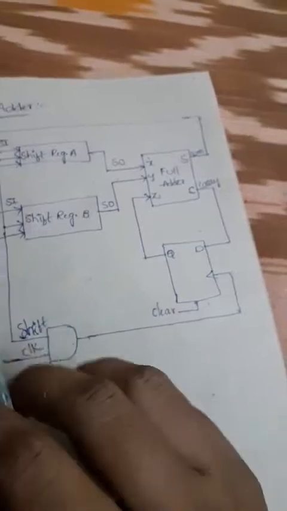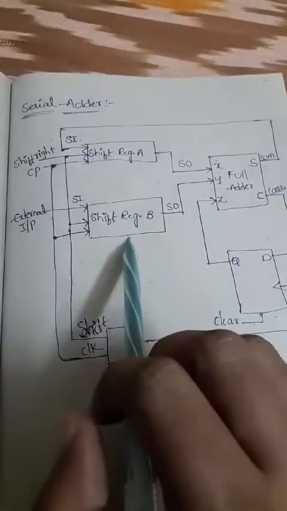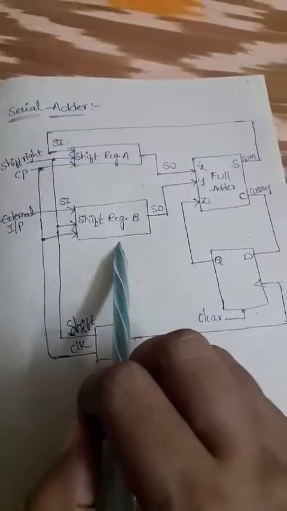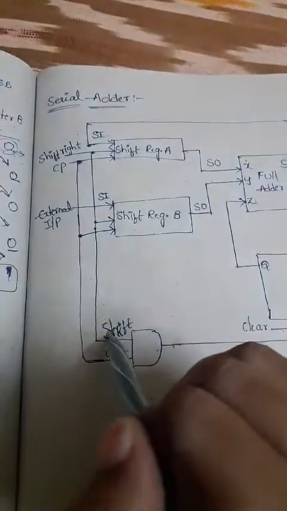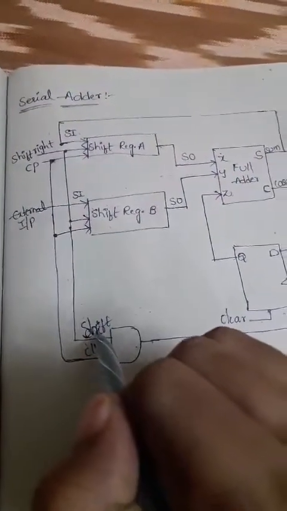Now we'll see here. We are taking shift register A and shift register B. The shift control should be 1, because these are shift registers, so the shift control pin is always chosen as 1.